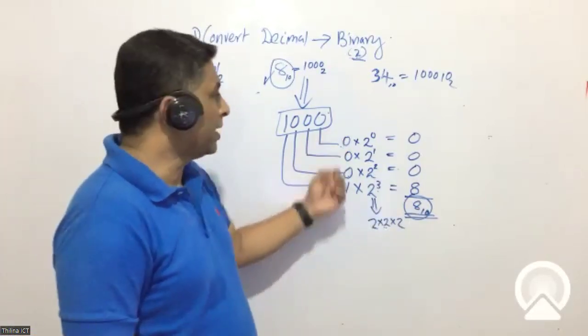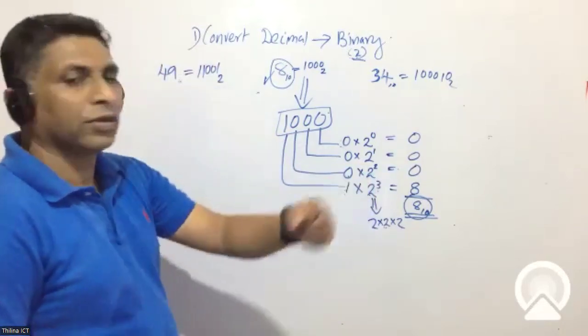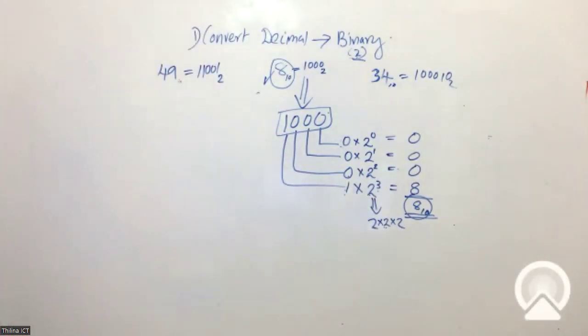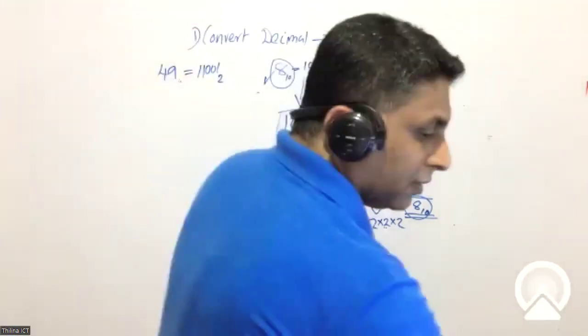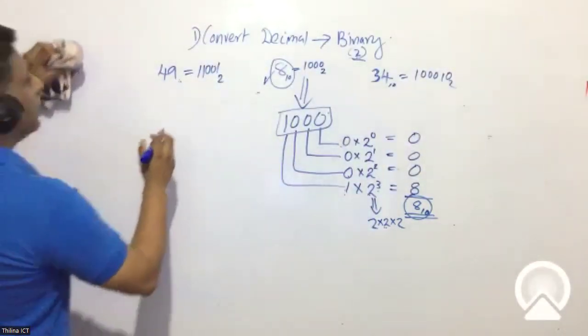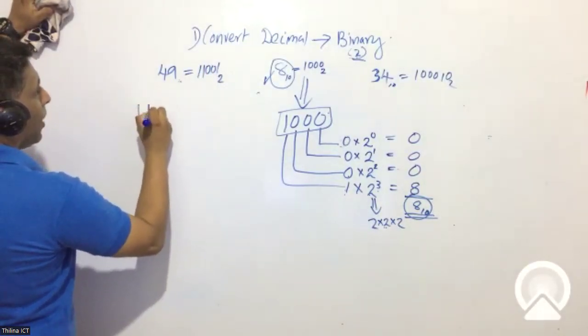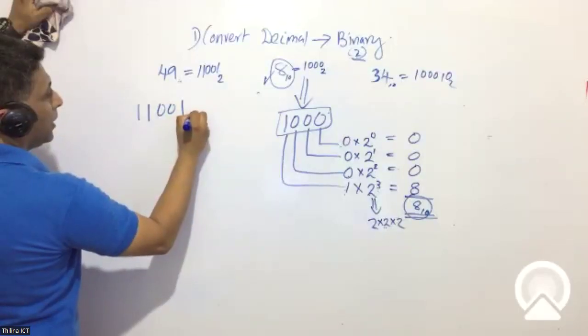So we are converting binary into decimal. This is the way to calculate. Take this: 11001 base 2.